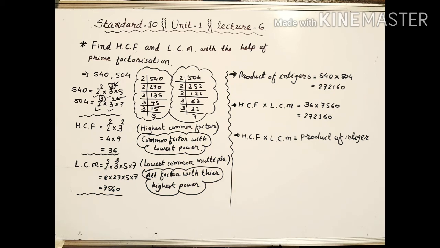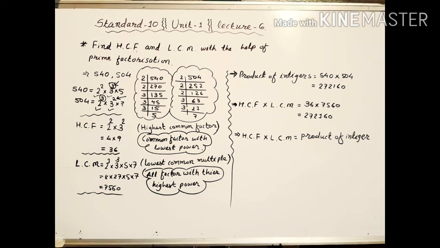We use this result to find the LCM when we are asked to find the HCF with Euclid's method and also asked to find the LCM. We will use the next formula that I am going to explain here.